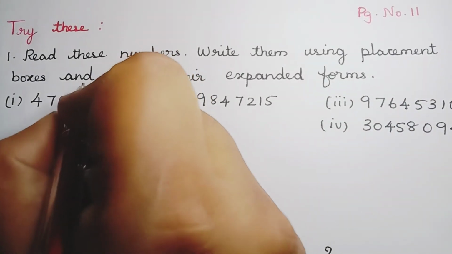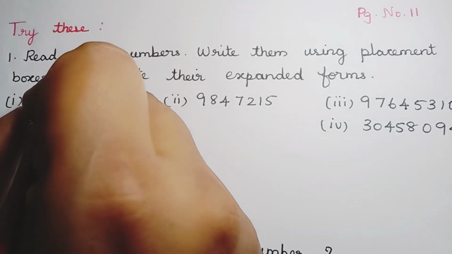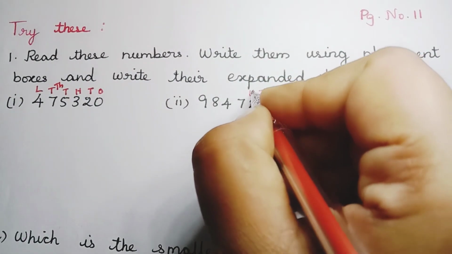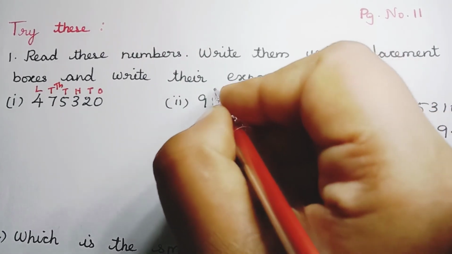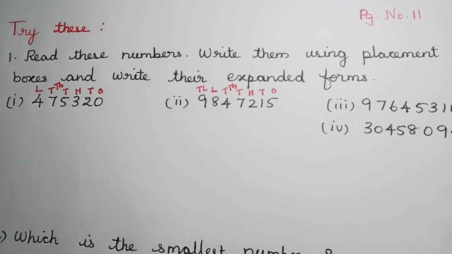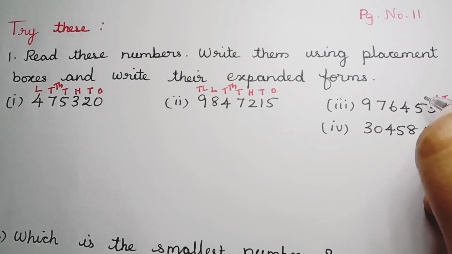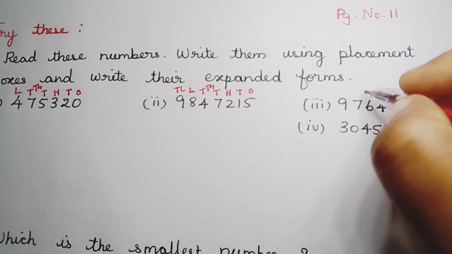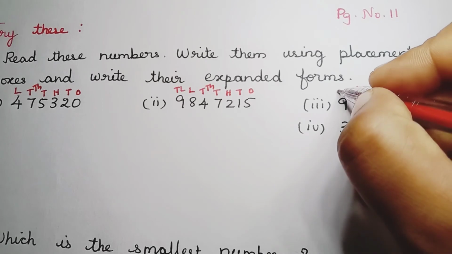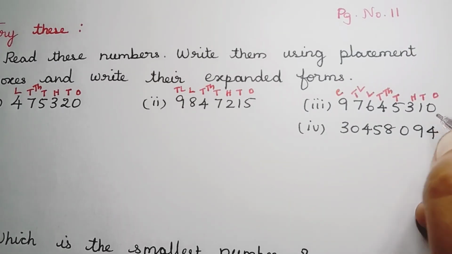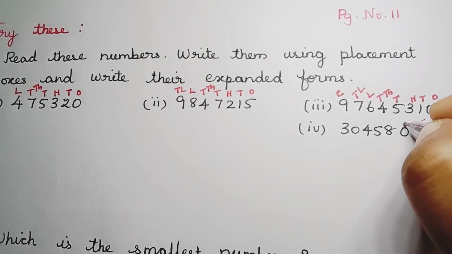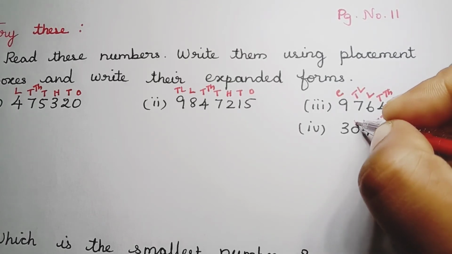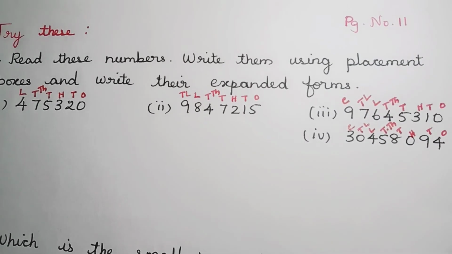So this is ones, tens, hundreds, thousand, 10,000, lakh, 10 lakh, 1 crore. Put it in a table and write it down.